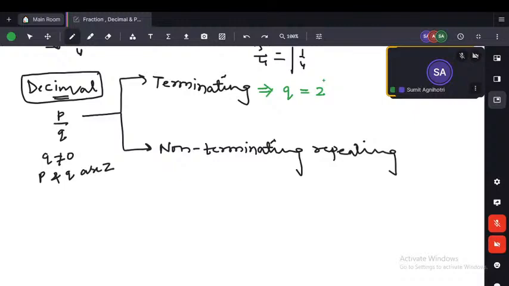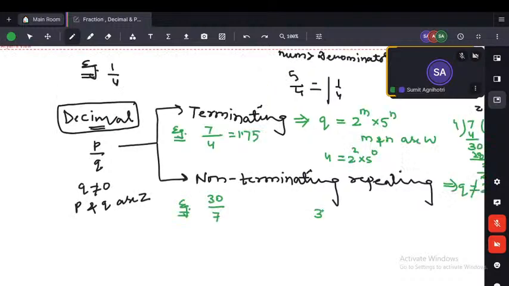But if I have a number like 30 over 7, do you know which type of decimal it has? It's non-terminating. It will never terminate.